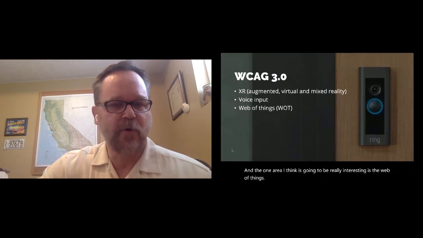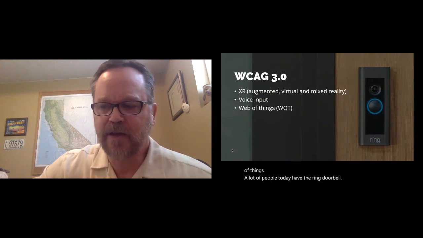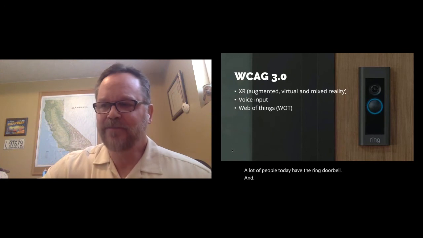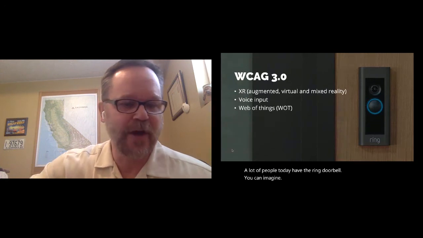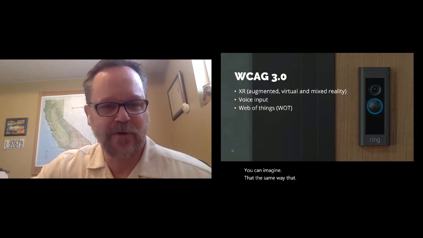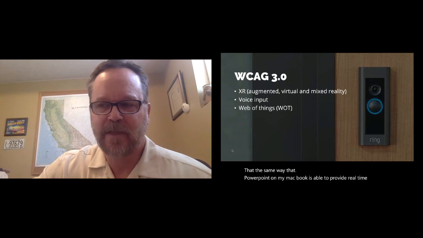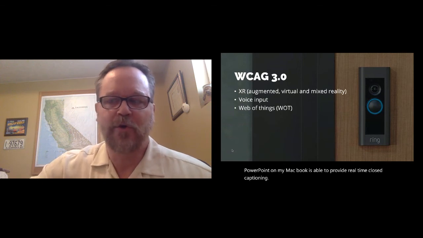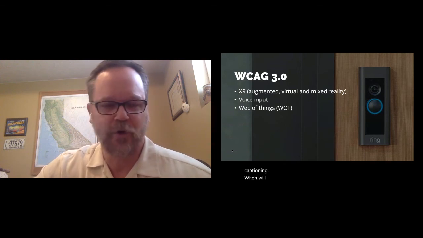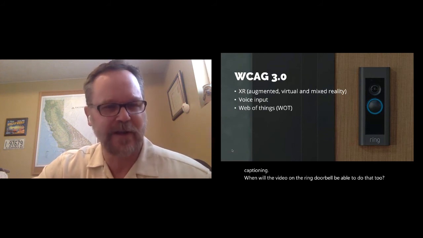A lot of people today have the Ring doorbell, and you can imagine that the same way that PowerPoint on my MacBook is able to provide real-time closed captioning, when will the video on the Ring doorbell be able to do that too? It seems like that would make a lot of sense.